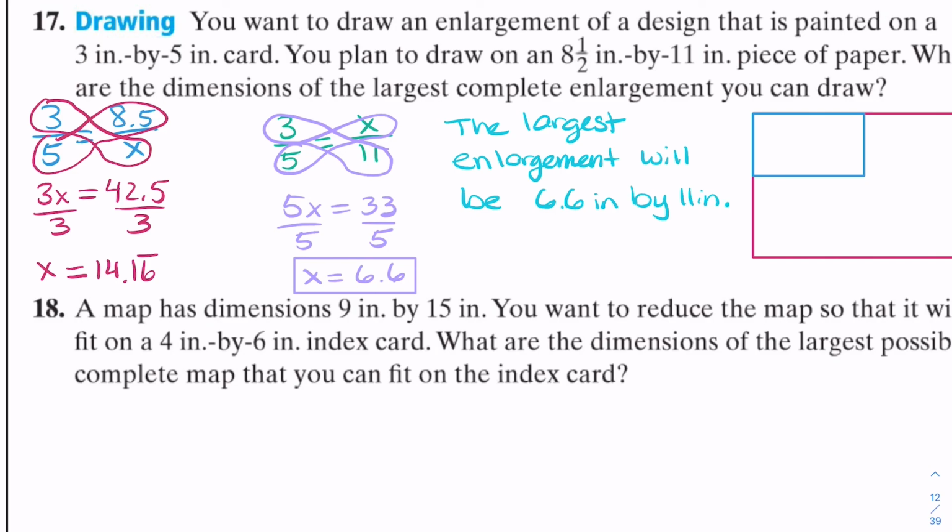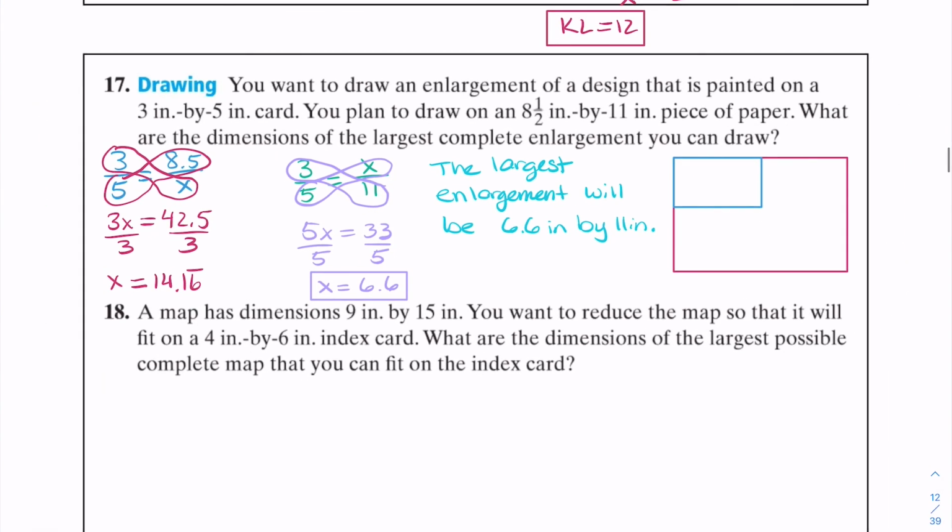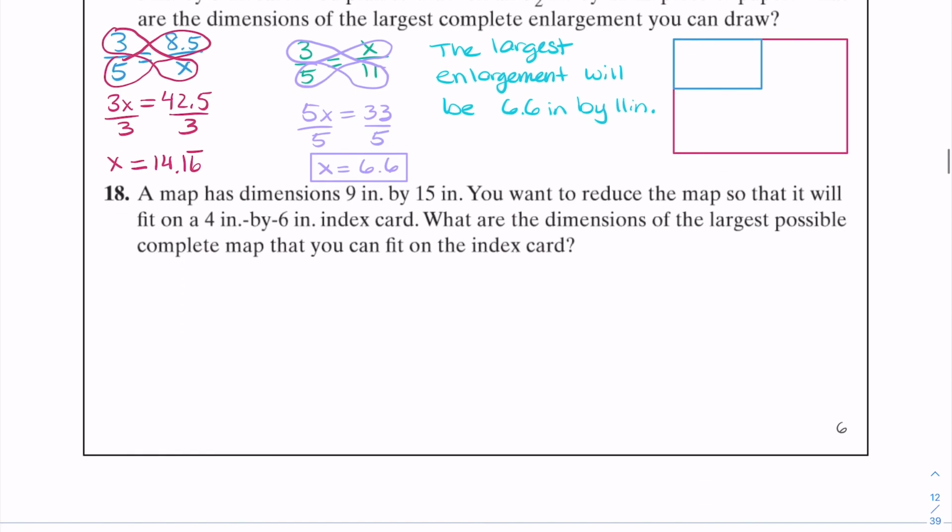And that's going to be our largest enlargement that we could do. This is a hard concept to understand, but I'm just testing both extremes to see which, if I expand one of them to 11 or the other one to 8.5, which one would actually fit on that new sheet of paper.